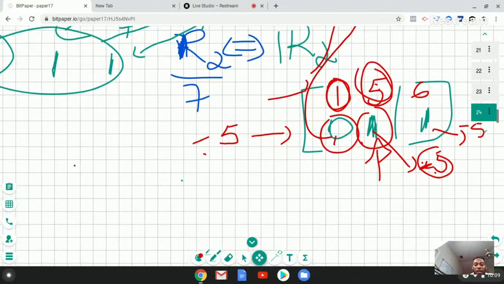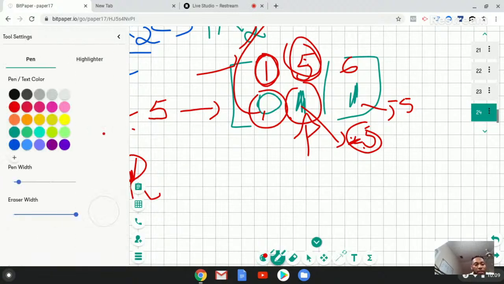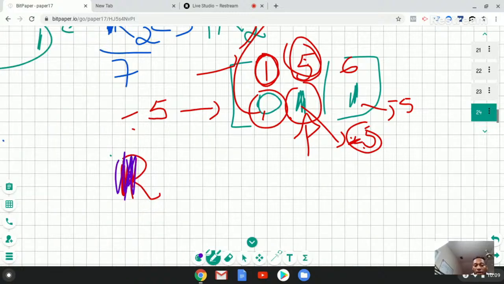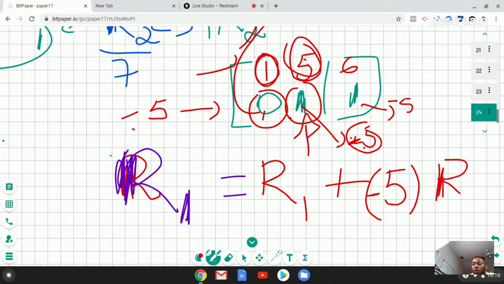Our first row is going to become our new row 1, which I'll write in blue this time, or purple. Our new row 1 is what? The old row 1 that we had in red plus -5 times row 2.